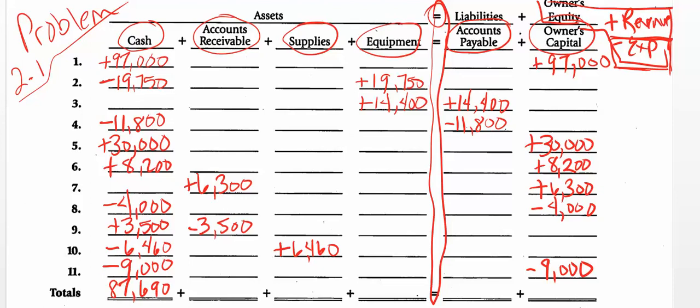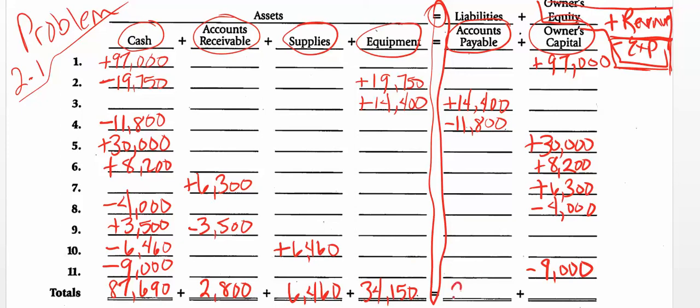for cash. For accounts receivable, we only had 2 of them, so our balance there should be 2,800. We only had 1 supply, 6,460, and we had 2 equipment purchases for 34,150. Okay, our accounts payable, there were only 2 of them.